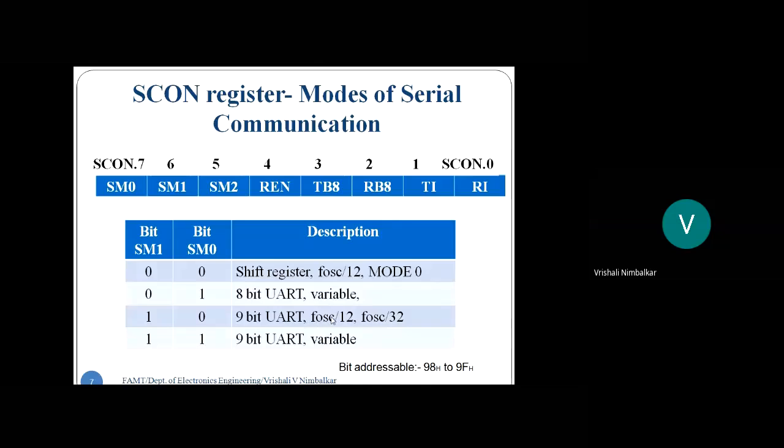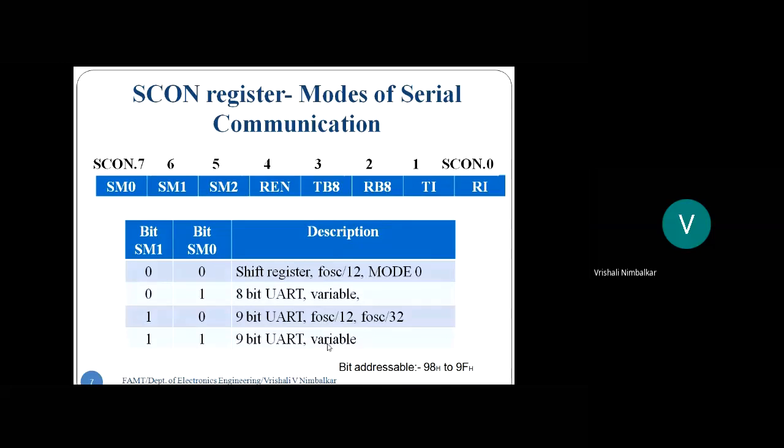So whatever oscillator you connect, that frequency gets divided by 12, and at that baud rate, the communication takes place. So there are only 2 baud rates available in mode 2. Asynchronous communication, 9-bit communication with 2 baud rates. Okay. And mode 3 is again asynchronous communication, 9-bit data transfer and a variable baud rate.